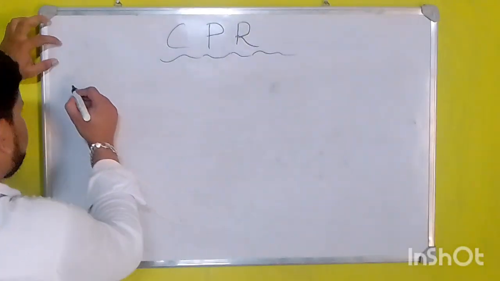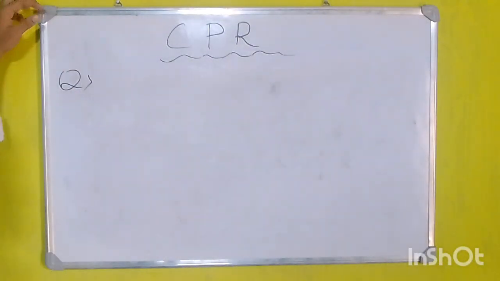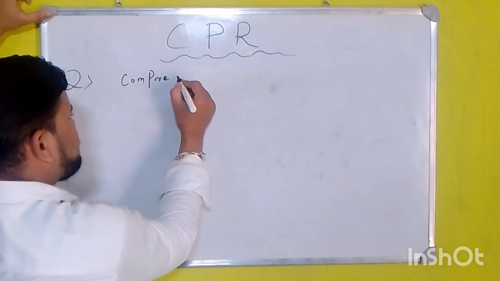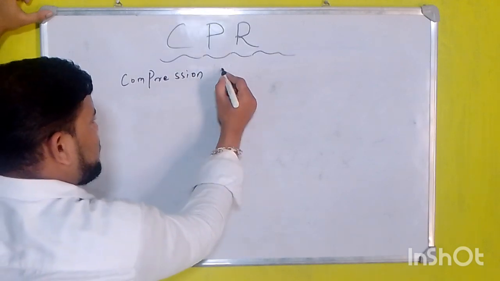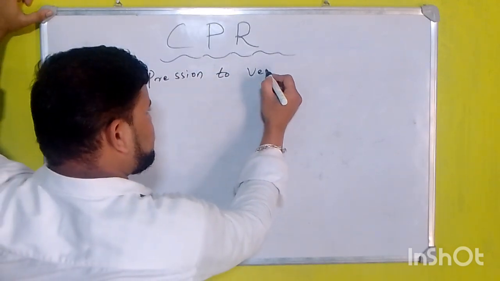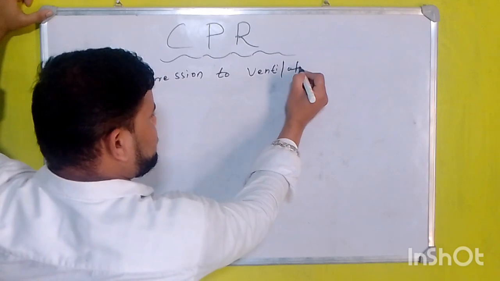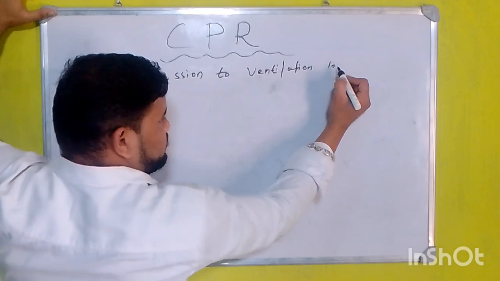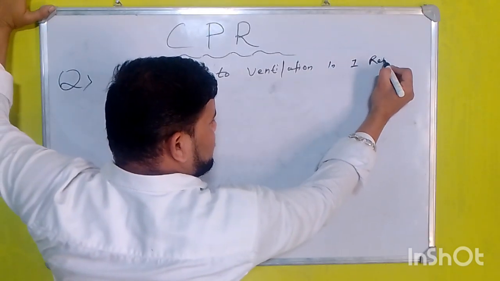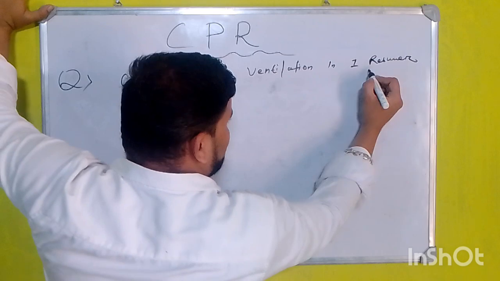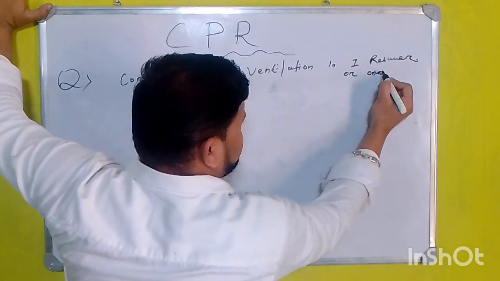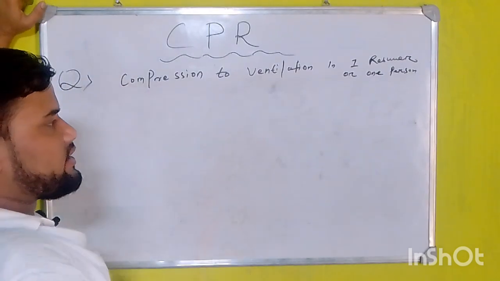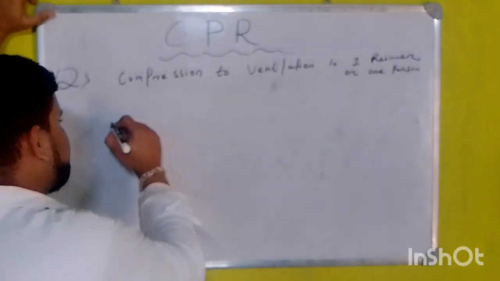The next question is, compression to ventilation in one rescuer, or one person.